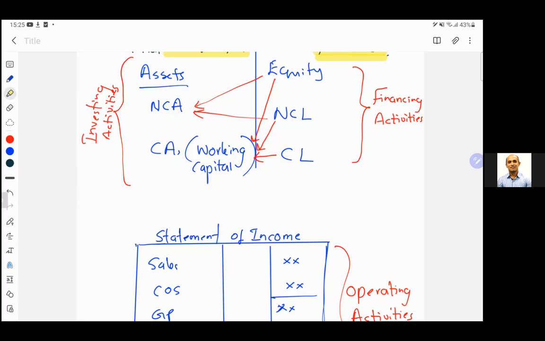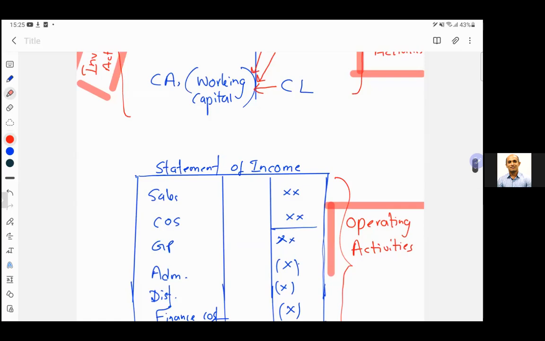Now you see financial statements reflect three types of activities. Then to make the financial statement suitable for the analysis, you have to analyze these three types of activities.